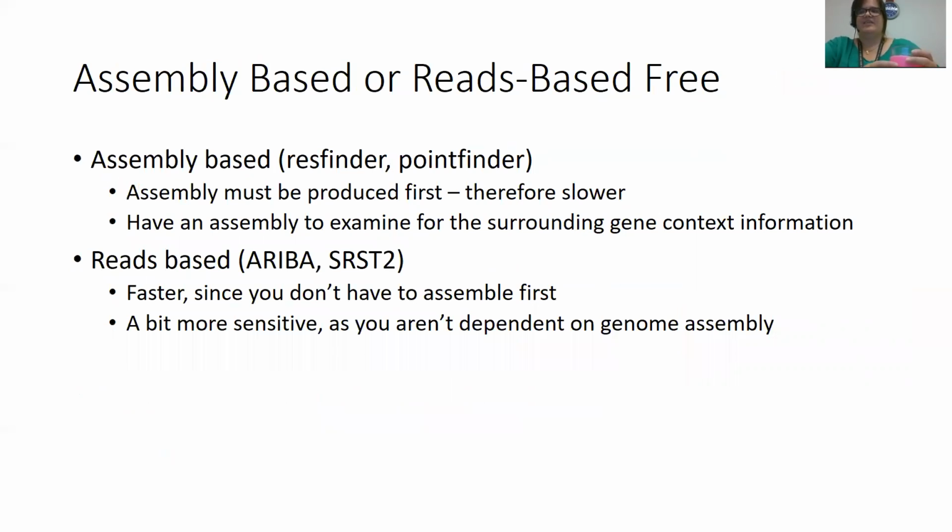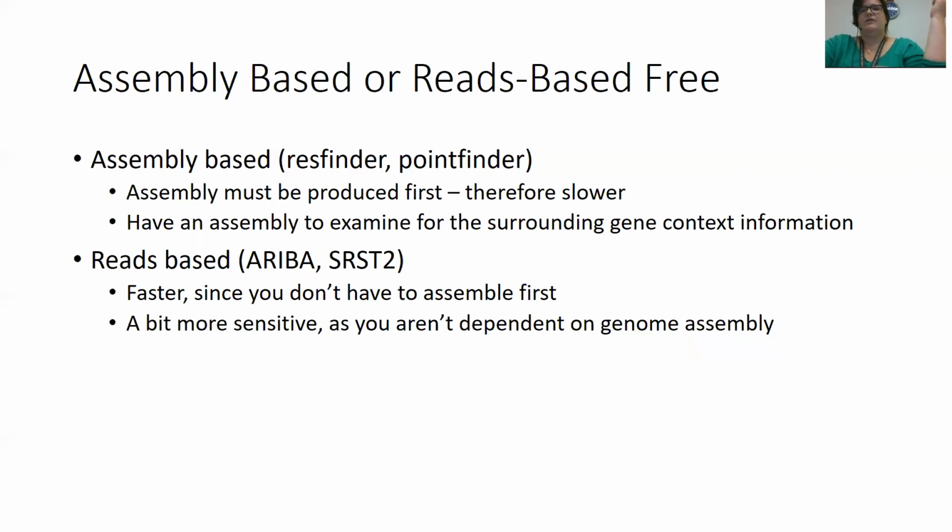The perpetual question in this space is, do you want to do assembly-based or reads-based? You've got your assembly-based tools like ResFinder and PointFinder, where you assemble the genome and then run it through some kind of software that runs BLAST or some other method to search for your genes.